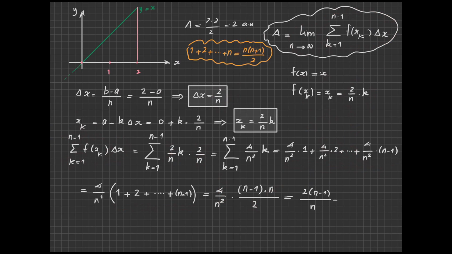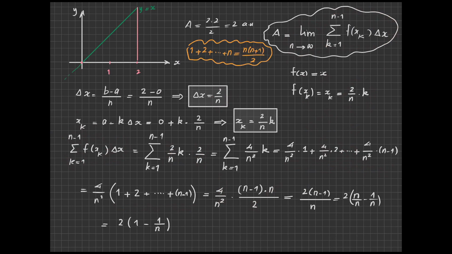Okay, and let me write it in this way: 2 times n minus 1 over n. The reason is that the problem is not finished yet, I want to calculate the limit as well. So you see what happens? This becomes 2 times 1 minus 1 over n.